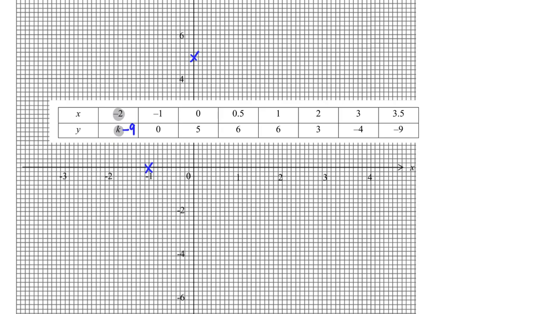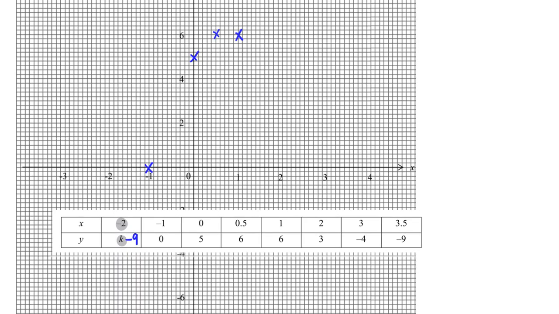X is 0.5, y is 6. X is 1, y is... I mean 6. X is 2, y is 3. And x is 3, y is -4.